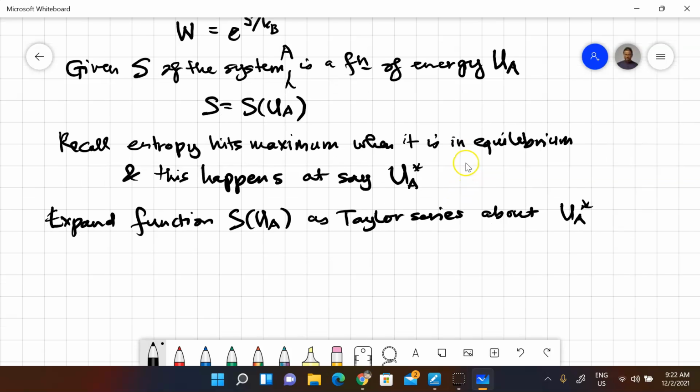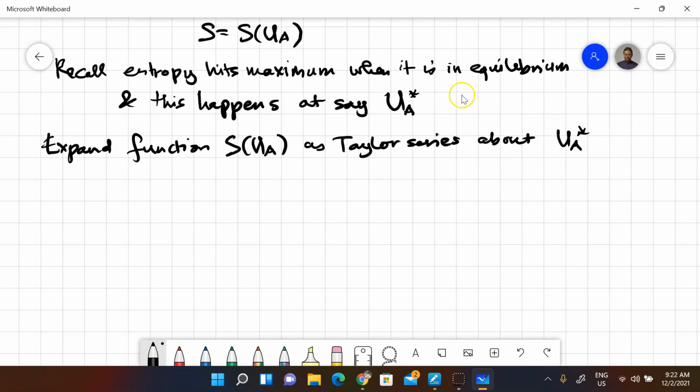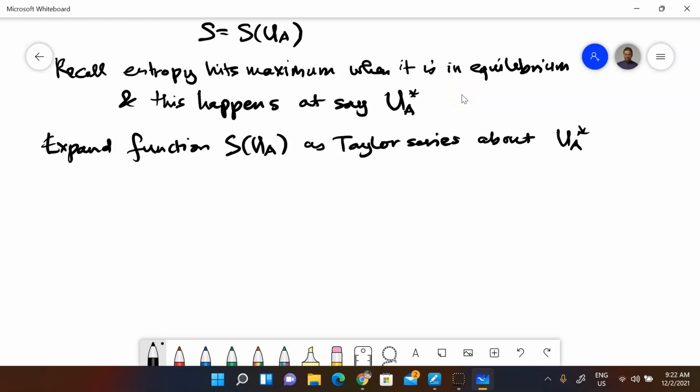So you remember what Taylor series is. So let me just write it down here. So S of UA. The zeroth order term will be the entropy evaluated at UA star.